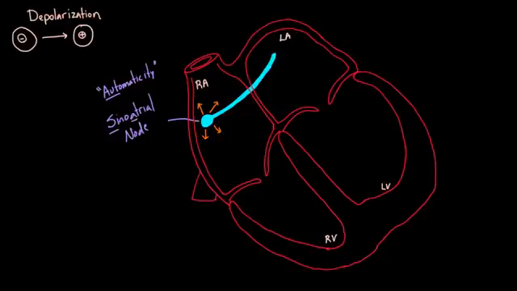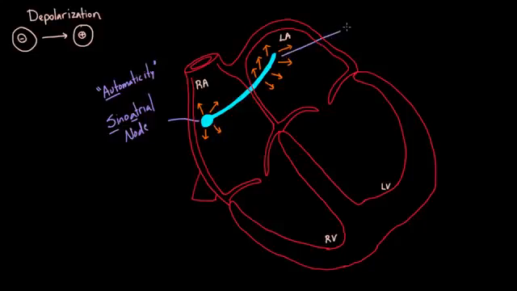That highway is going to take that same depolarization wave over to the left atrium, and all of these cells begin to do the same thing. They start depolarizing as well. So you get depolarization happening in both the right atrium and the left atrium in a coordinated way, very evenly.